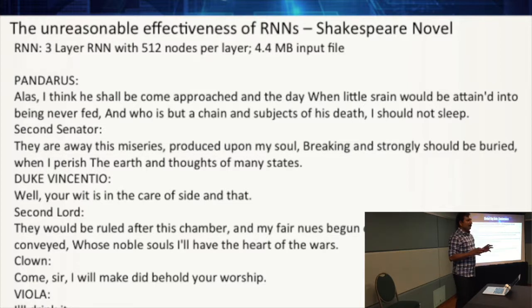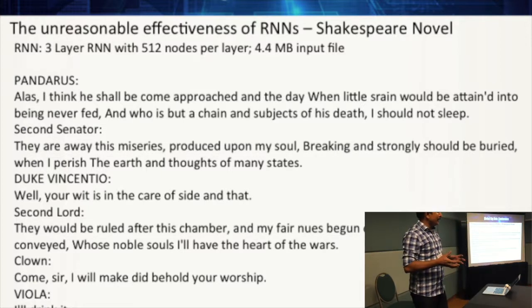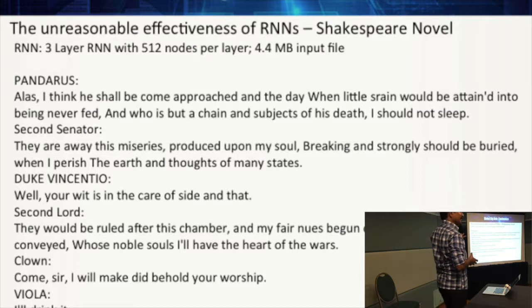Now, of course, there's no intricate plot in the novel, but if you read the sentences, look at that. It actually identifies new types of actors or roles, people in it, and the sentences are almost grammatically correct. It is putting periods and commas, and these are all correct English words.